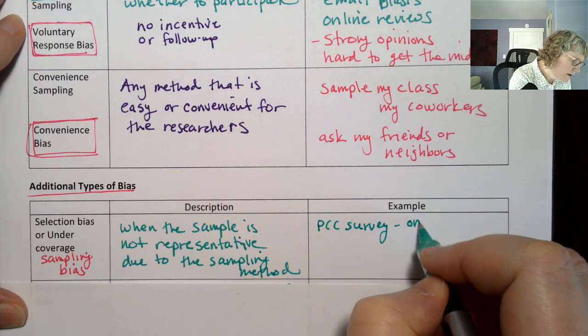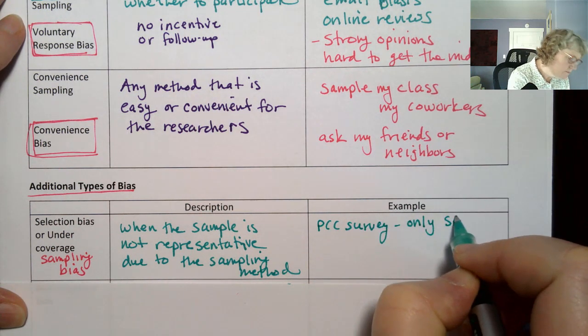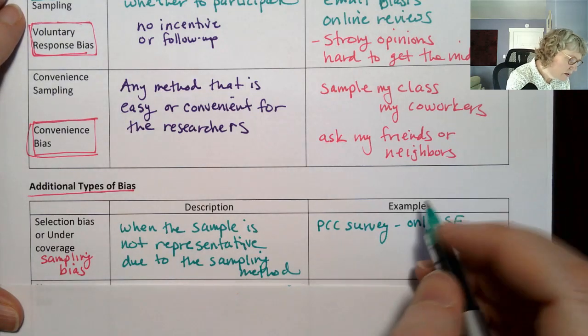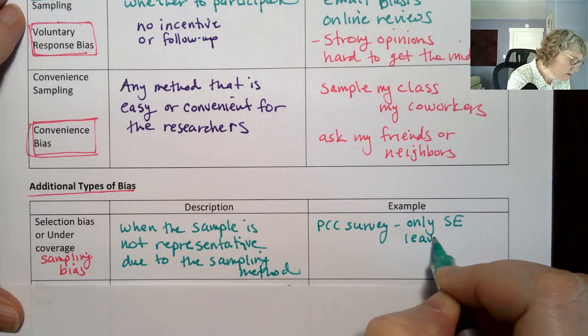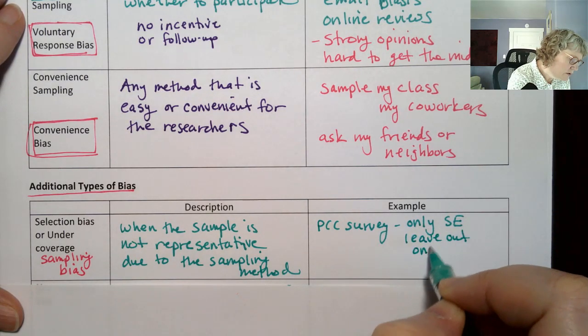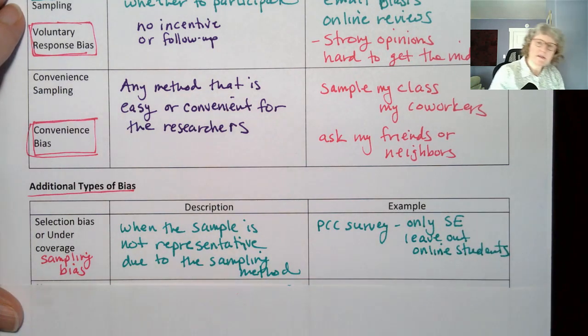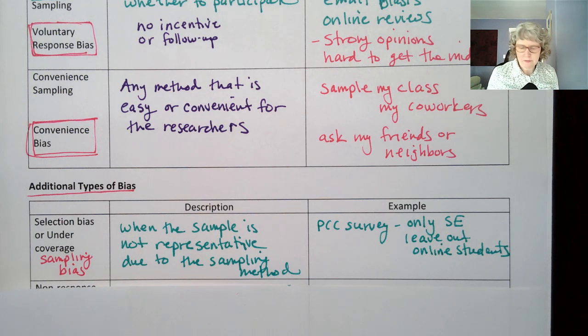but we only ask Southeast. Or maybe we only ask in-person classes and we don't ask online students. Maybe we leave out online students. Okay, that's actually a big group of students, so we would have a bias there.